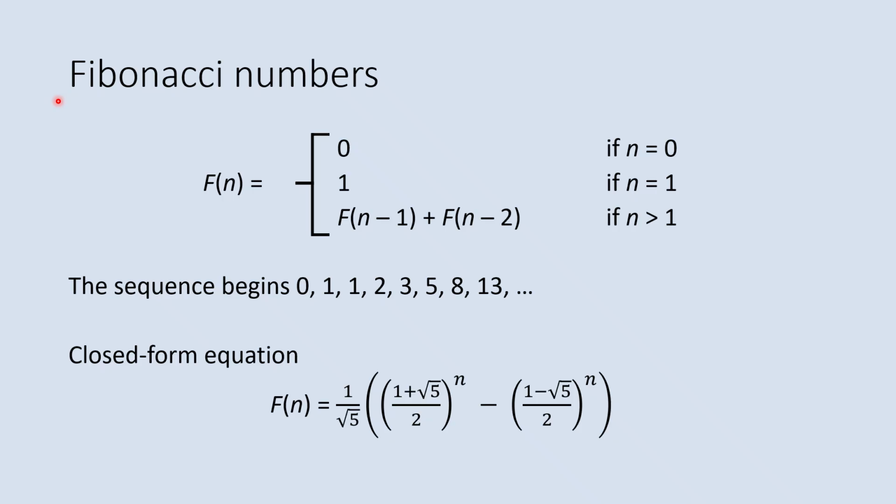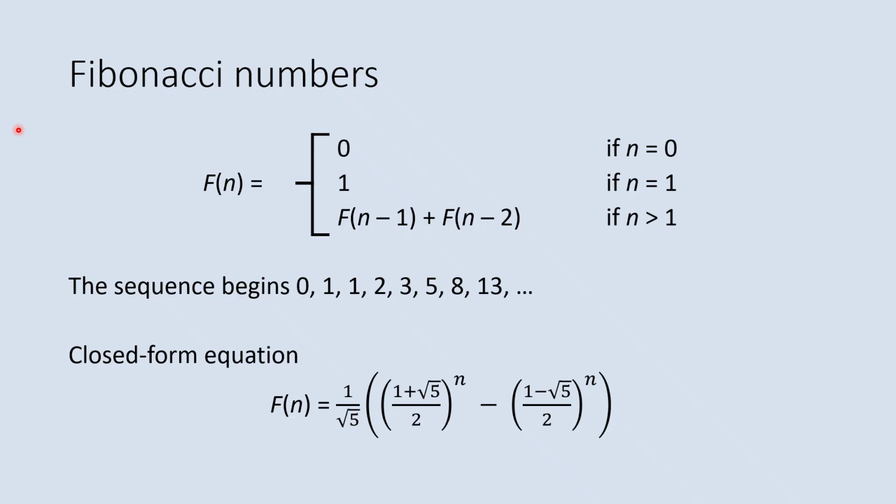So there's a recursive solution, there's a closed form equation. They both mathematically are equivalent, but computationally they may not be the same. On one hand, with the recursive part, we have to possibly be concerned about a recursive depth.